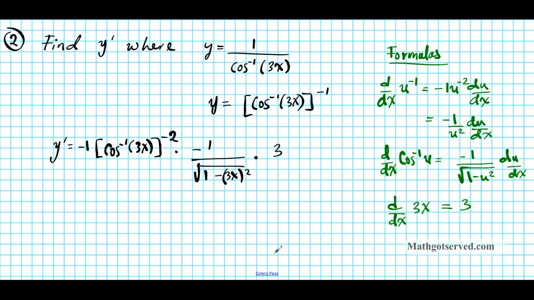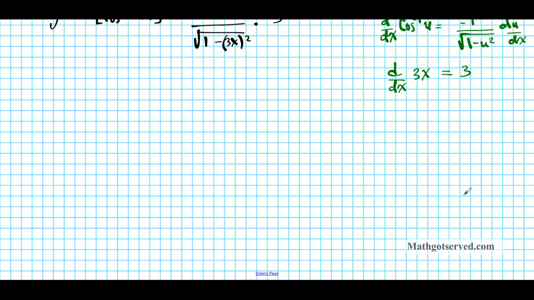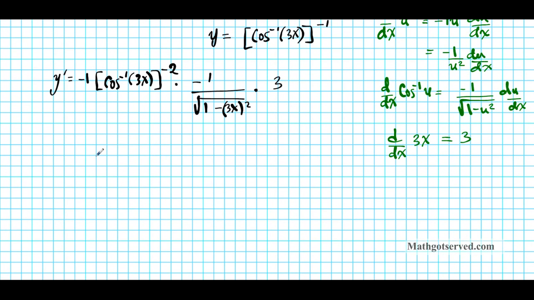All right, so let's rewrite this in a nicer, simplified form. So we're going to have y prime equals, in the numerator, -1 times -1 times 3, which is +3, divided by, in the denominator, the arccosine of 3x raised to the second power times the square root of 1 minus 9x squared, since 3x squared is 9x squared.